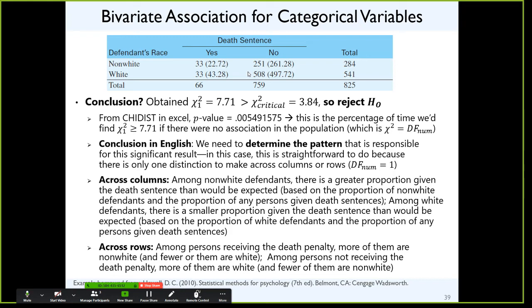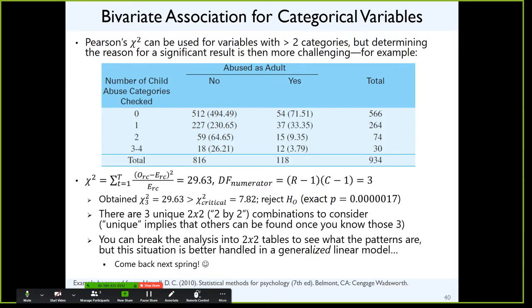So the problem that Dre, you were just saying, like how do I know what to do with this, what's the null? Here's an example of that same problem. Here's a cross-tabulation among a variable that has 4 categories, which is number of child abuse categories checked in some sort of checklist, versus whether or not they were abused as an adult.